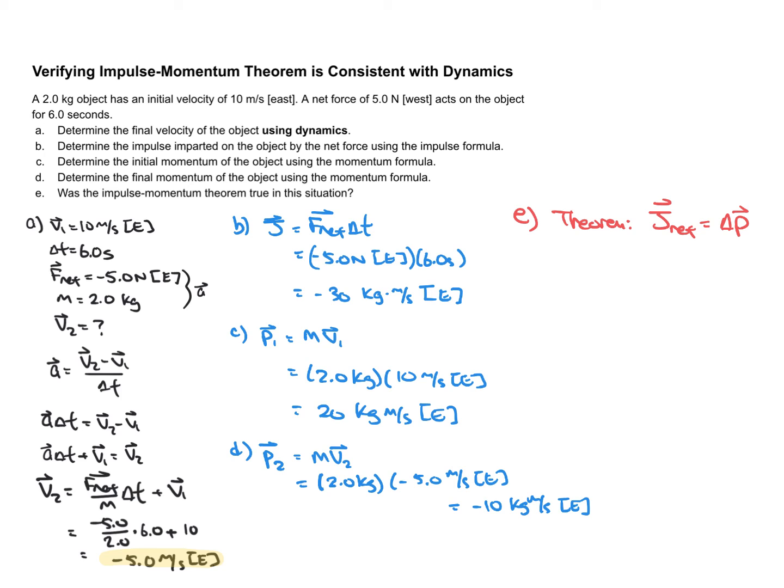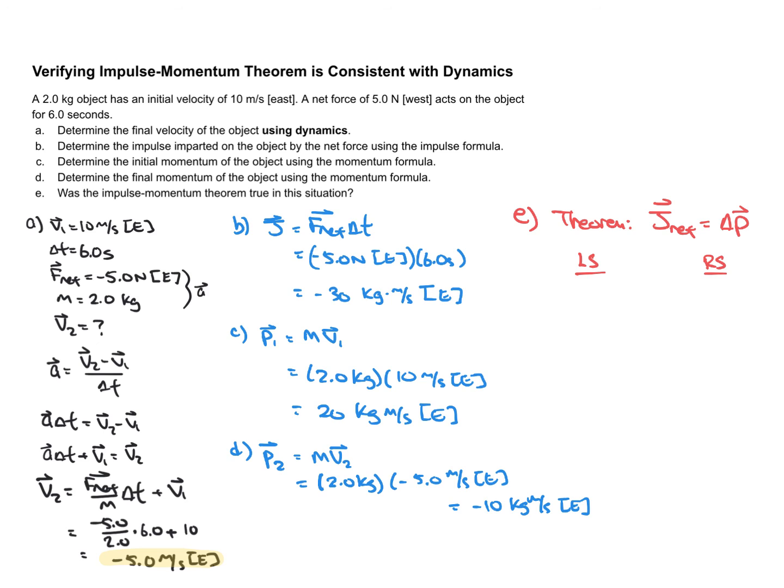We're going to test to see if that happened for this example. And to test whether or not an equation is true, the proper setup is to do a left side, right side method to calculate each side of the equation independent of each other and seeing if they're equal.